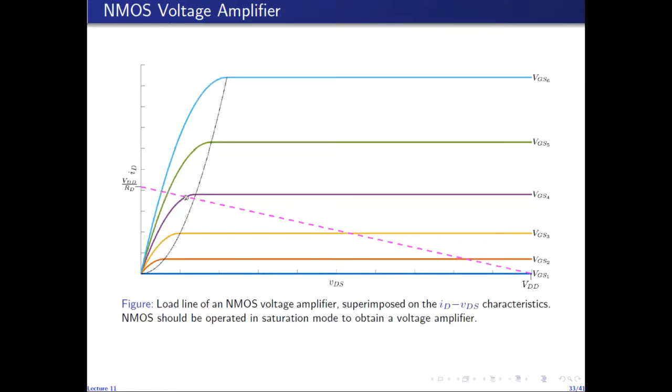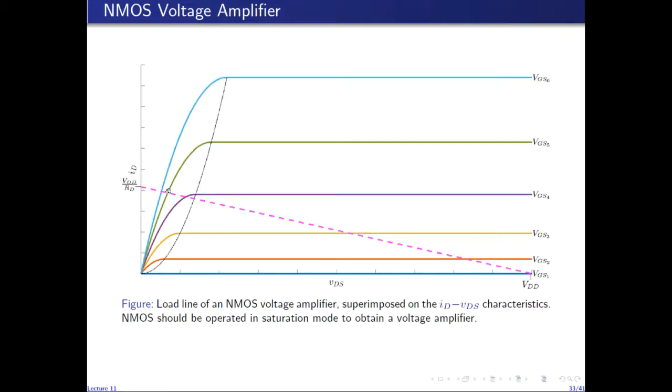So there is an increase in the drain current, but the increase is really small. The difference between this y coordinate and this y coordinate is very small, and the difference between this y coordinate and this y coordinate is even smaller. So as VGS increases in the triode mode, the drain current will increase, but the increase will be very small.